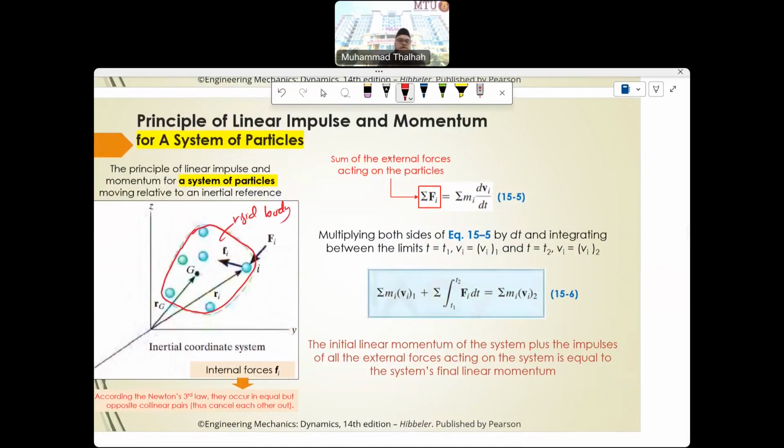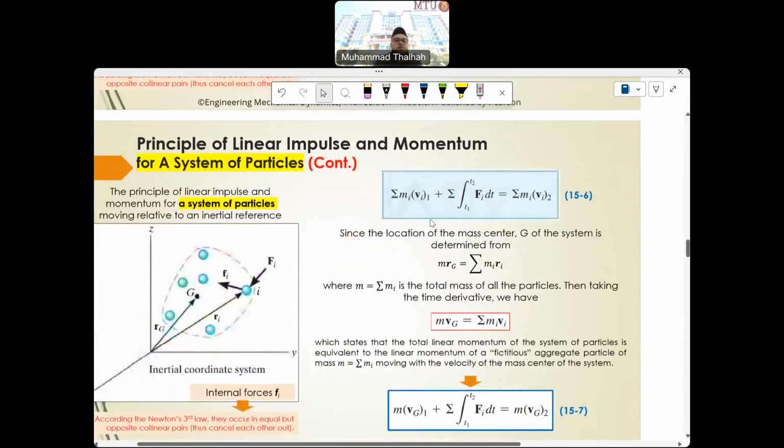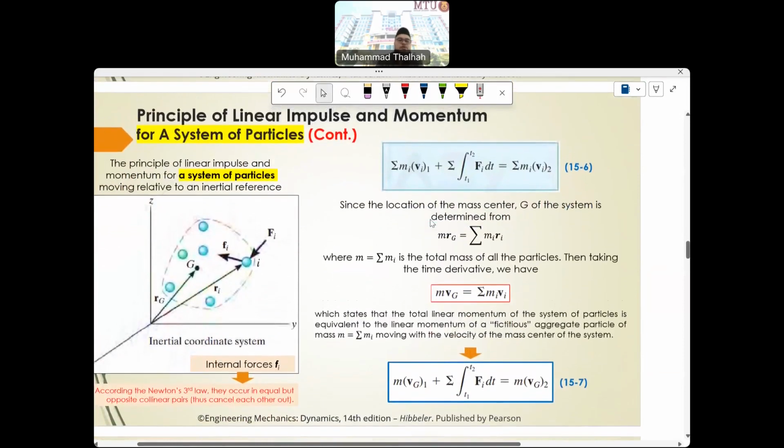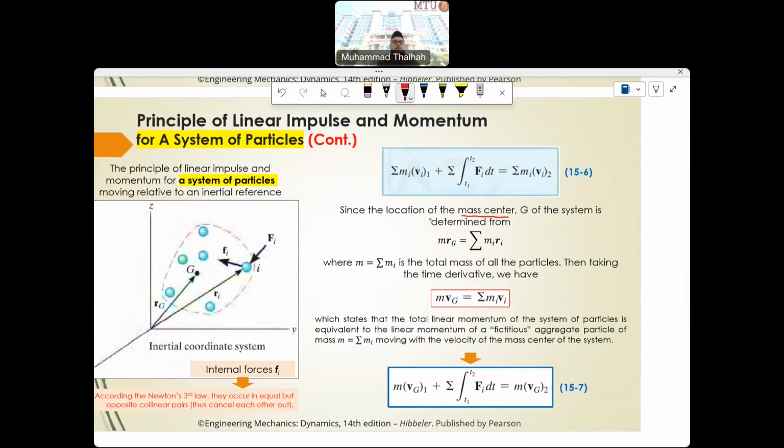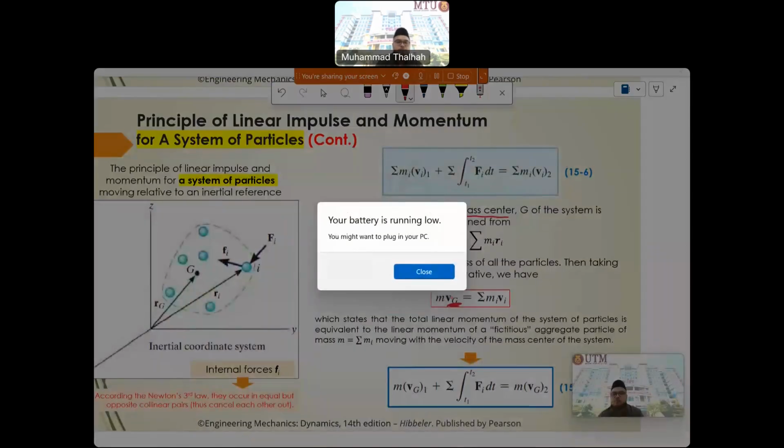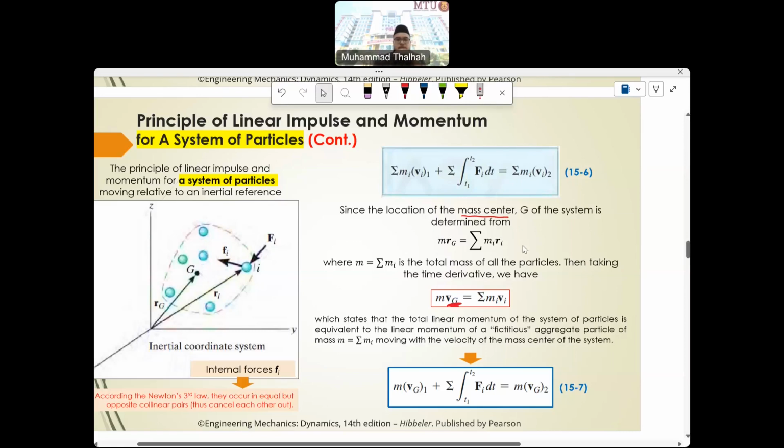We're going to focus on particles, but for rigid bodies, instead of velocity v, you have the velocity of the body's mass center, G. But we are focusing on particles, so we are not going to deal with v sub G. So what we hold on to is our equation, the same one I showed you before. For rigid bodies, this one will be v sub G. That's it.